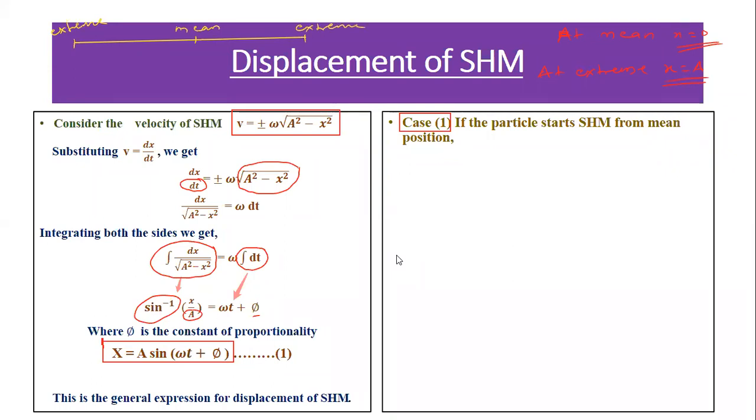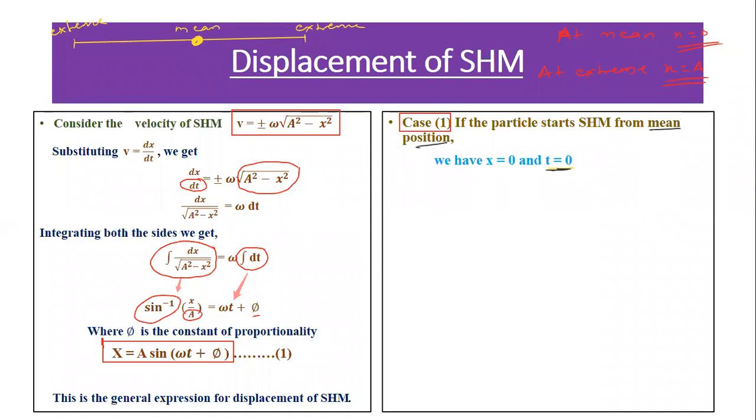Now if the particle starts its motion from this mean position, what is the formula of displacement that we have to obtain? Pay attention. Let me consider when the time is 0. When time is 0, the particle is at its original position and started from the mean position.